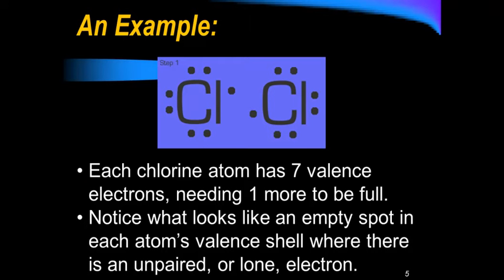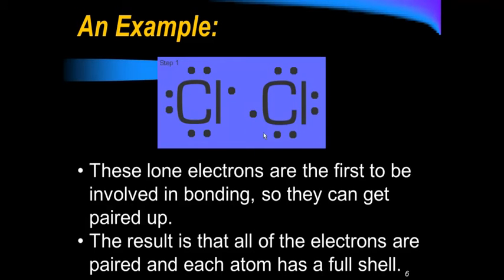Classic example of this is chlorine. Now, chlorine has 7 valence electrons, only needs one more to be full. And you can see where it looks like there's an empty spot right there. That's where these two are by themselves, the one on here and the one here. But if they share, then both atoms could take advantage of that and pretend like they have a full outer shell.